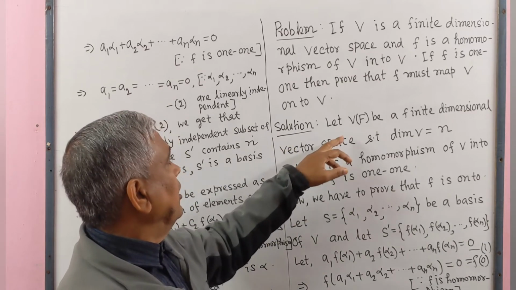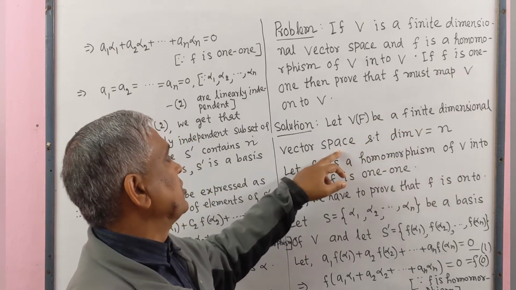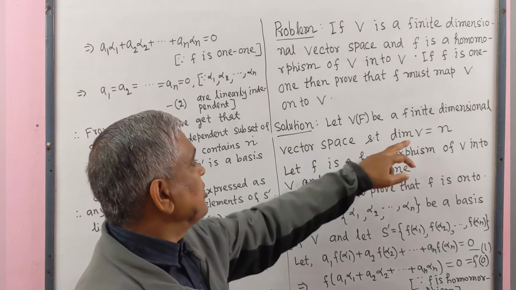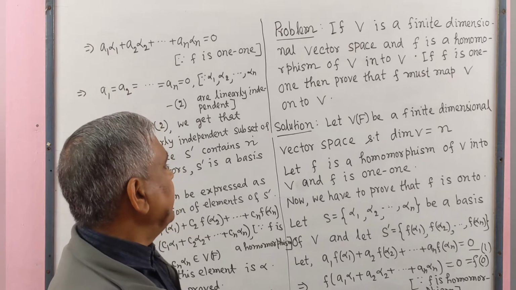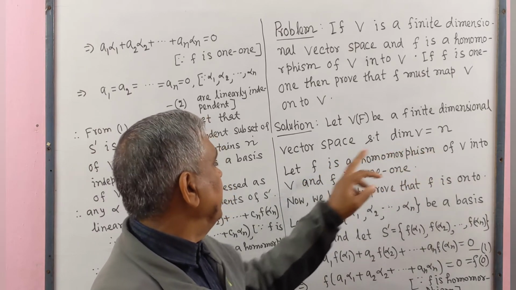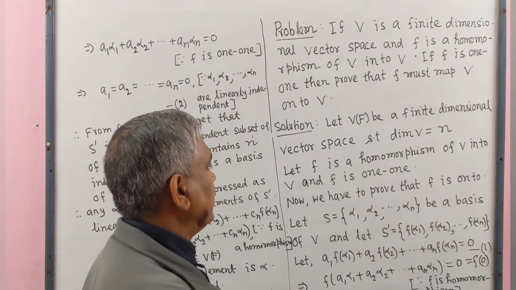Solution. Let V be a finite dimensional vector space over the field F such that dimension of V equal to n. Let F be a homomorphism of V into V and F is 1-1.